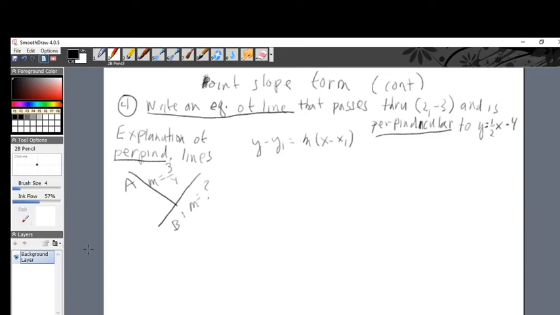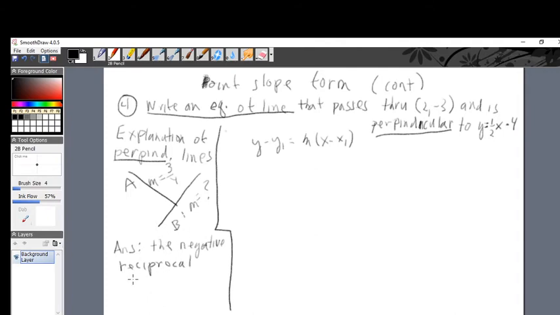Okay, so the answer to that is the negative reciprocal.